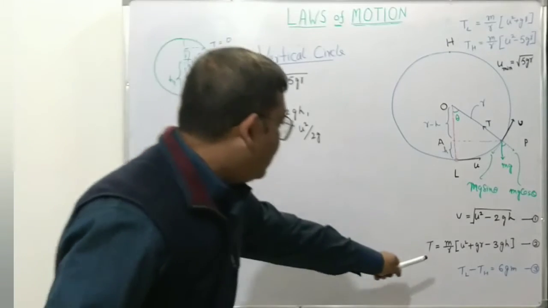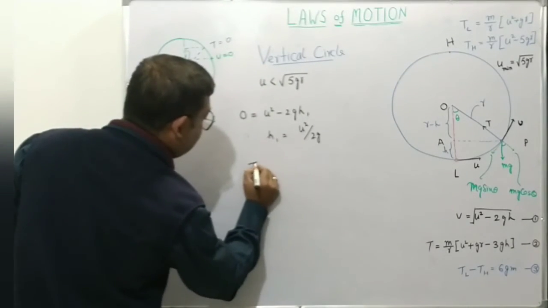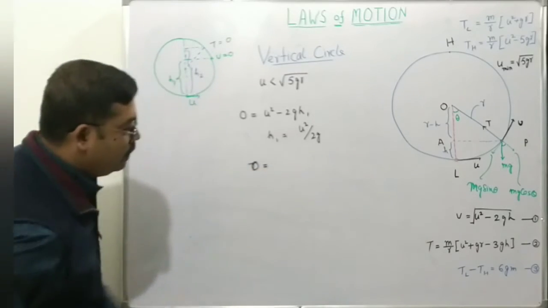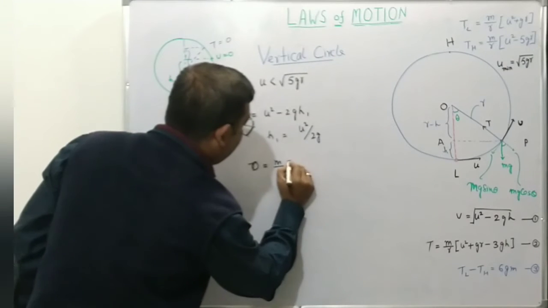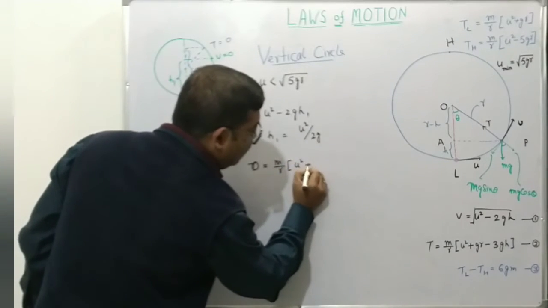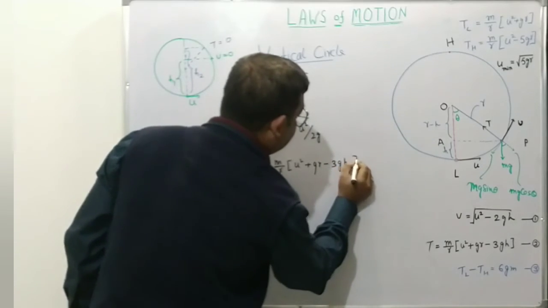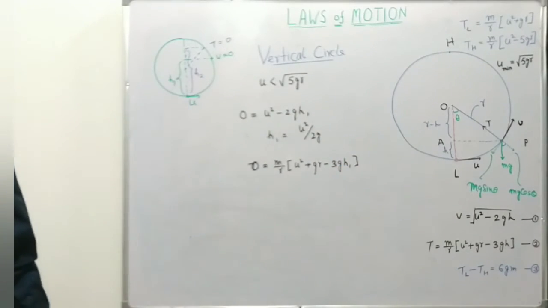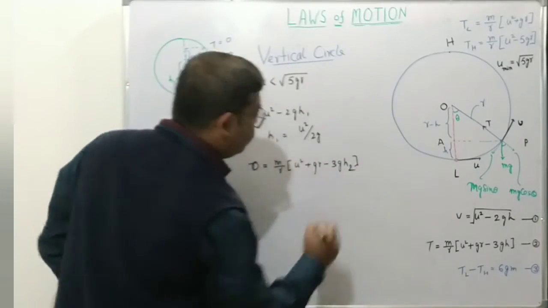So the equation for tension here will give us 0, T is 0, equals m by r, of course, then we have u square plus gr minus 3g h1. Sorry, not h1, this is h2, right? So it will be h2.